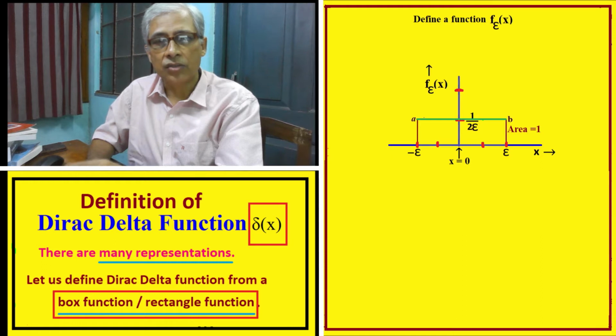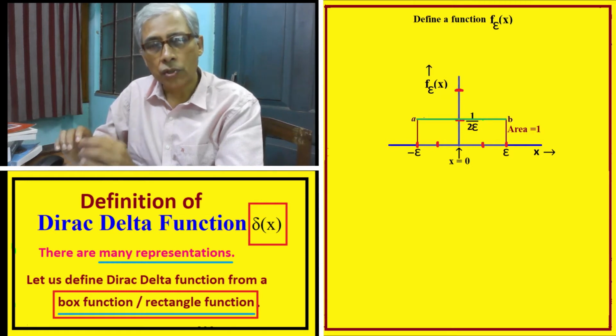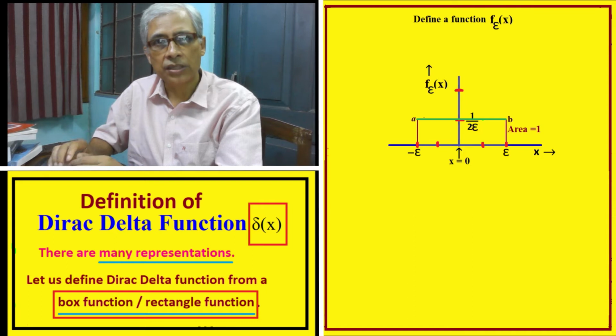Clearly, the straight line AB is centered about x equal to 0, that is symmetrically placed about x equal to 0, because it has equal portions along positive x and negative x. We also note that epsilon denotes the amount of stretching along positive x or along negative x directions.